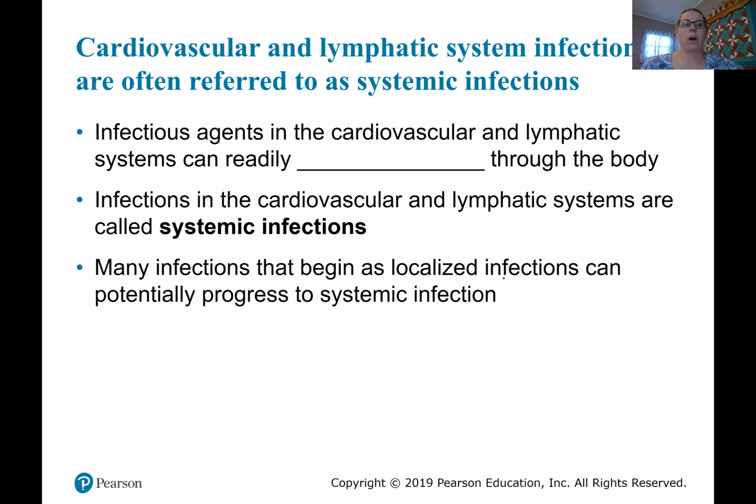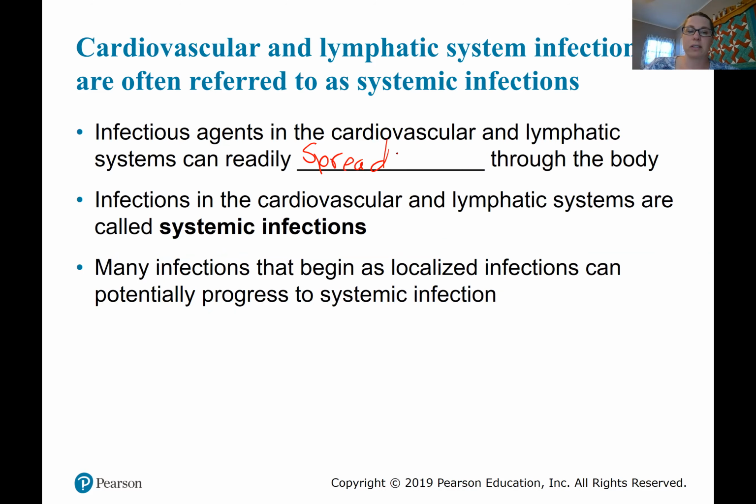So infections in the cardiovascular system or the lymphatic system can readily spread throughout the body, right? Because those two systems are made up of vessels that go throughout the body and can cause spread very easily if there is infection present there.